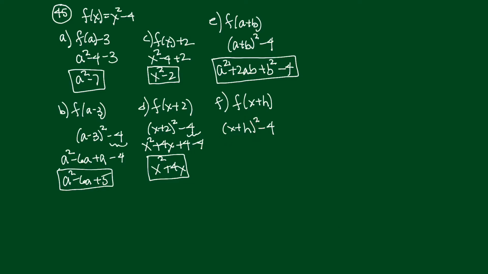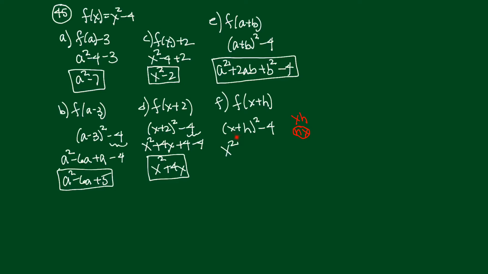Let's expand this. So we have a pattern for this. We square the first, getting x squared. Then we multiply these two terms together, getting xh or hx. Now if you multiply them, you can get xh or hx. It's multiplication, so the order doesn't matter. We typically try to write variables in alphabetical order, so I'm going to choose this one right here.